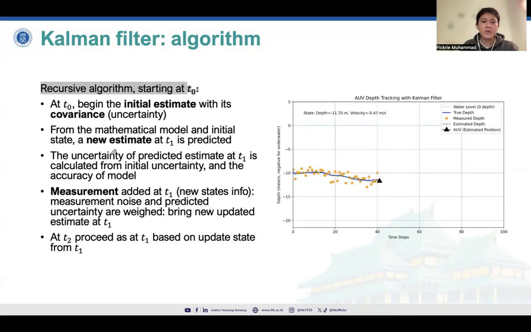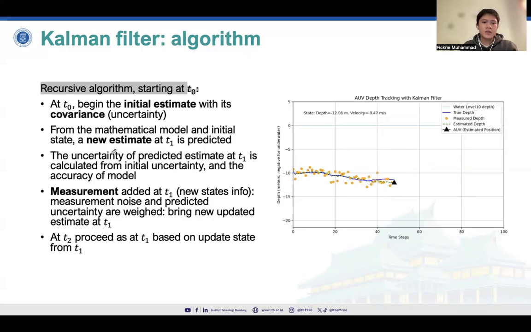It is 0.1, comma 0.1, comma 0.1, for example. We have the uncertainty. And then from the mathematical model and the initial state, we have the new estimation at T1. So from our estimation, we estimate the next movement of the AUV as of time 1, for example. So we predict for the future steps.